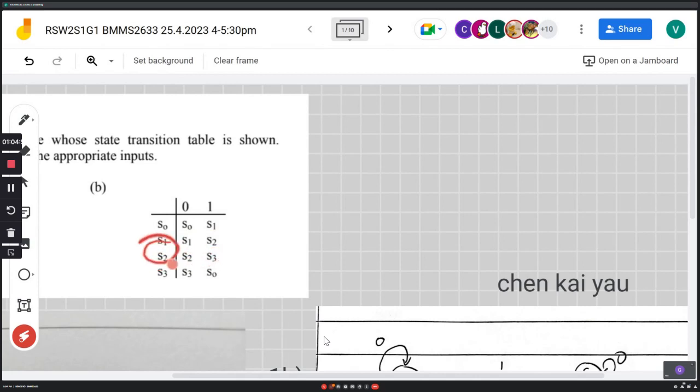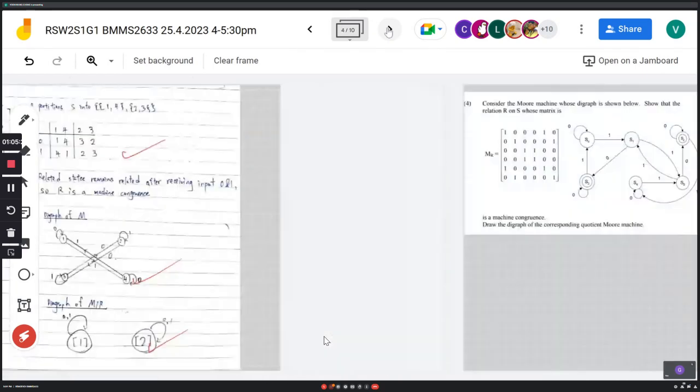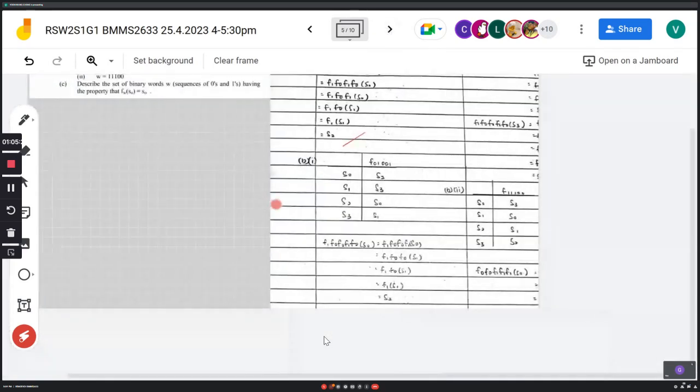So if you start from S1, the answer is S3. And if you start from S2, then you will have 0, 1, 0, 0, 1, and your answer is S0. And if you start from S3, the answer is S1. Can you understand that? That is how you get this.